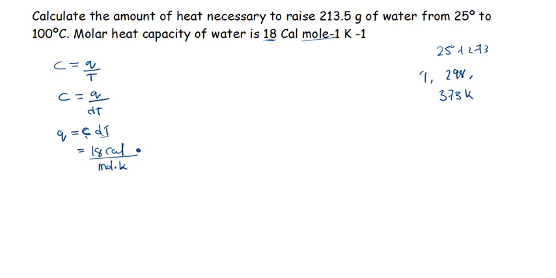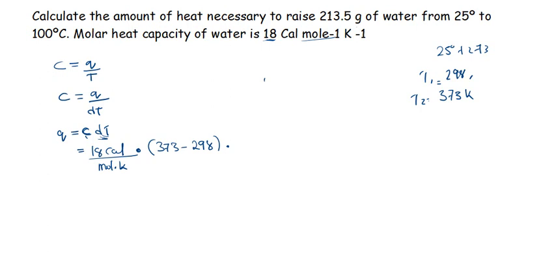This is our T2, this is our T1. So dT, the change in temperature, I'll say 373 minus 298. Then from there, I'll cancel this mole by bringing the number of moles there.